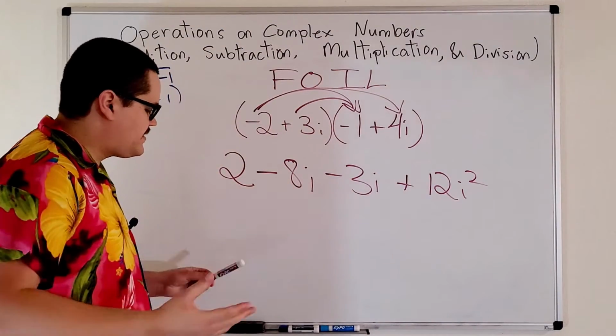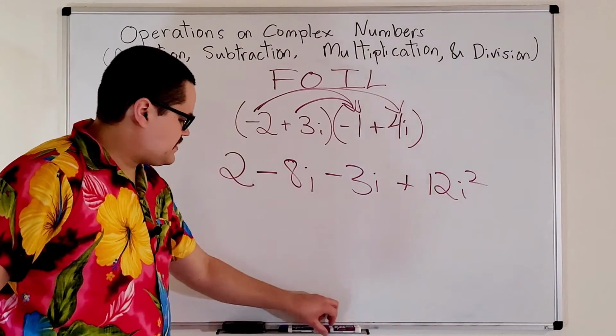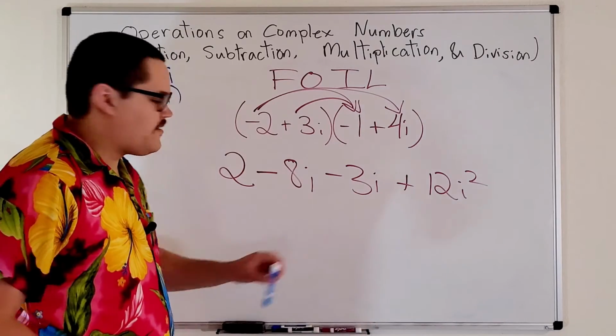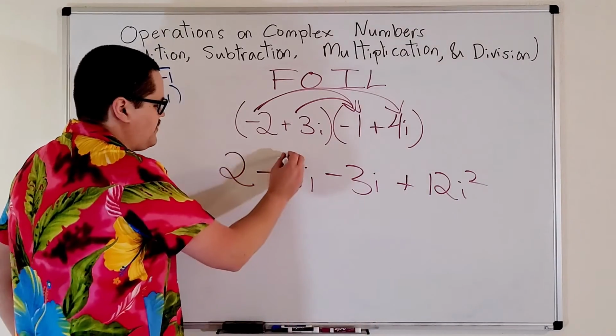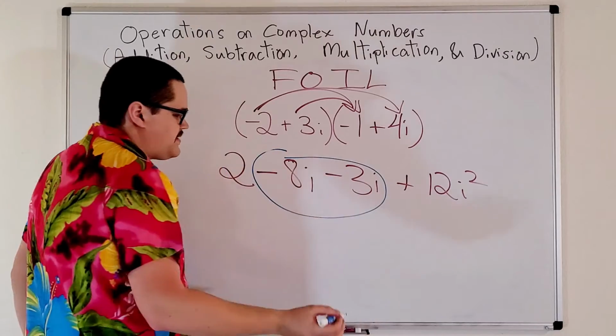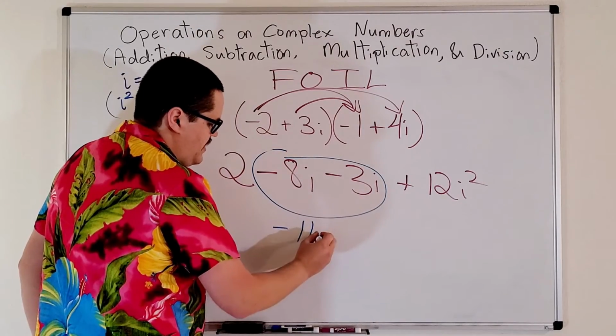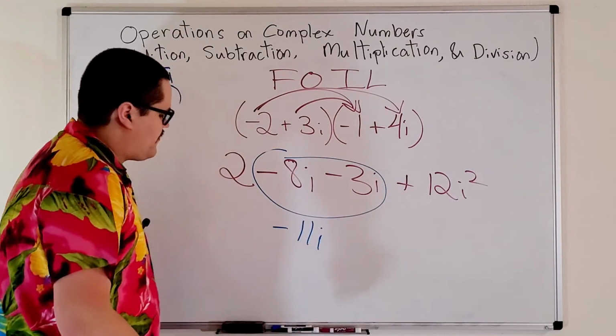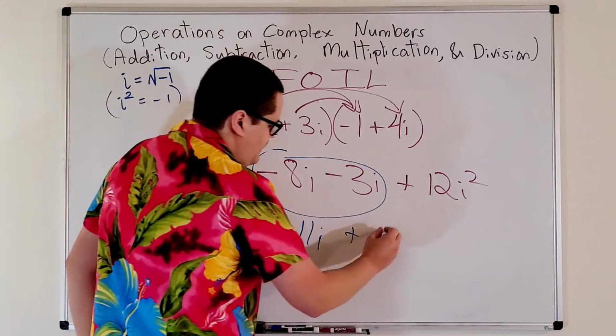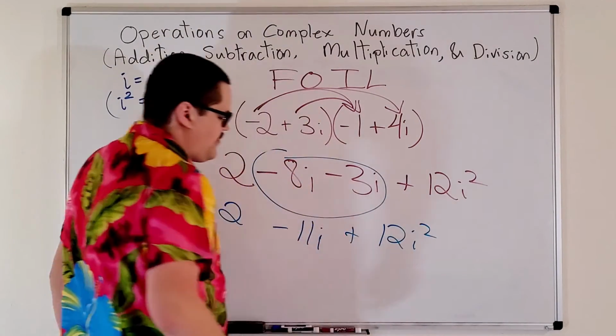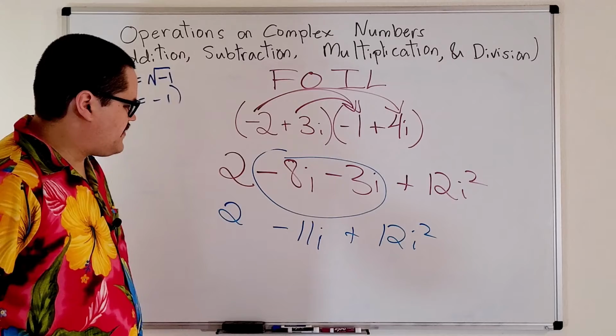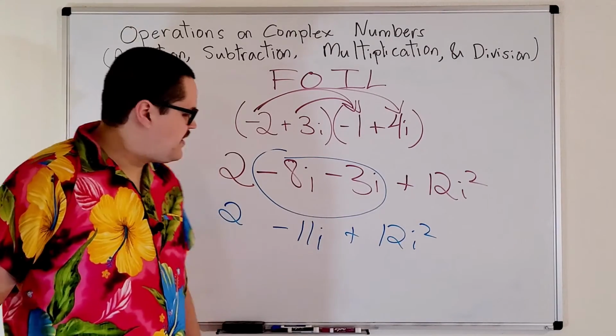Okay, next, let's just combine like terms. So the outer and the inner, as usual, those are like terms. So this becomes negative 11i. And we have our 2, and we have our 12i squared. Wait, but this isn't in the form a plus bi. What's going on?